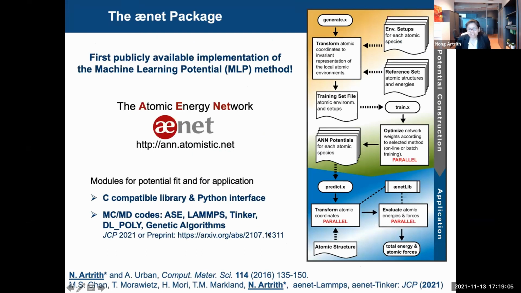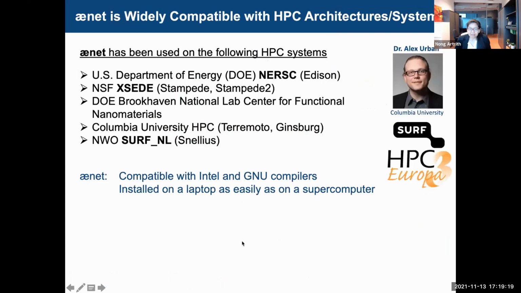We also implemented interfaces with many other ready-to-use software, for example the ASE code, LAMMPS and Tinker, and also our own genetic algorithms that you can use based on your own applications. So init is also widely compatible with many high-performance computing architectures and systems, together with the main developer, Professor Urban.